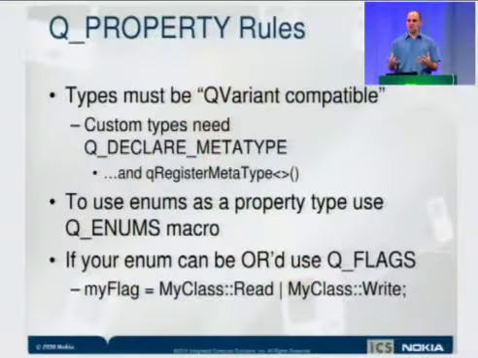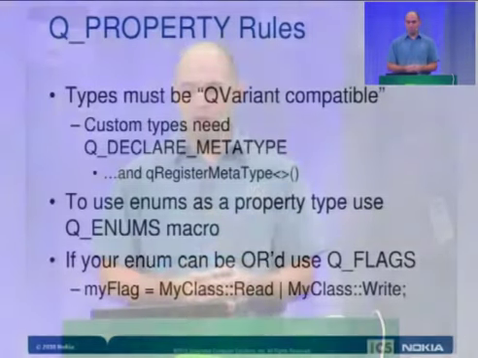Out of the box, QVariant can support storing all the C++ primitives and most classes from Qt, like rectangles and pixmaps. To declare your own meta types, you simply just need to define a class and use a macro called Q_DECLARE_METATYPE, which is going to expand into code. And then you need to call a special function as the template called registerMetaType.